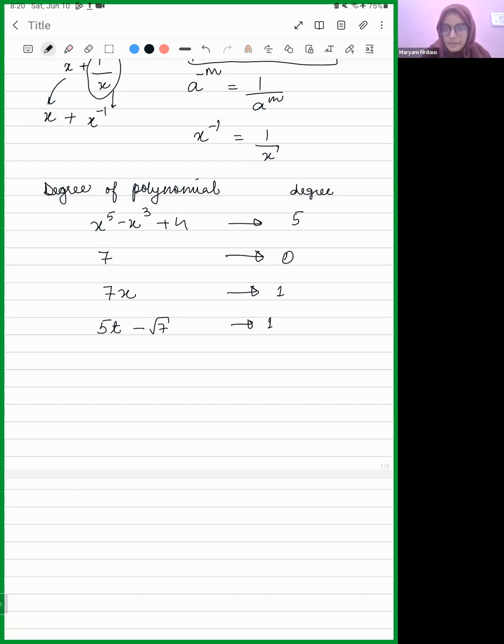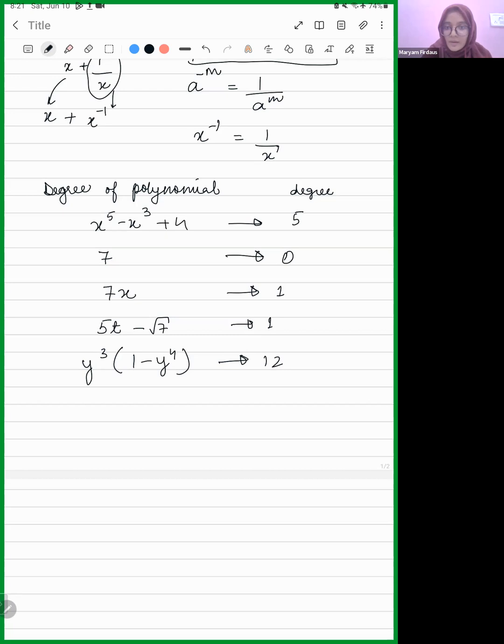Just a minute. Let me just see some questions on this. Okay, what is the degree of this polynomial? y cube 1 minus y to the power 4. Ma'am, 3 into 4. And what is 3 into 4? 12. Very good.